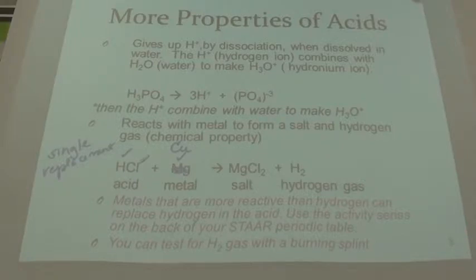Would hydrogen gas be made? No. Why not? Copper's lower on the list. So if I took hydrochloric acid plus copper, what would happen? Nothing would happen. So if you take a metal that is more reactive than hydrogen, place it into the acid, you will get a salt and hydrogen gas.